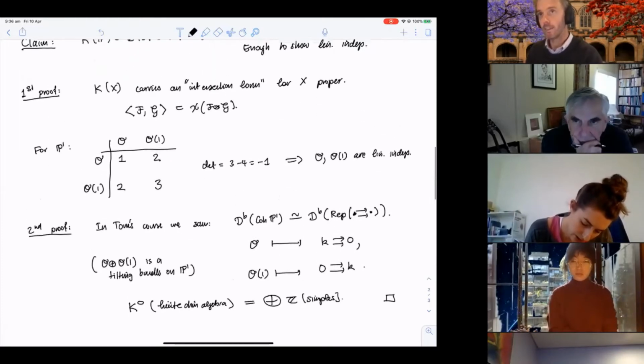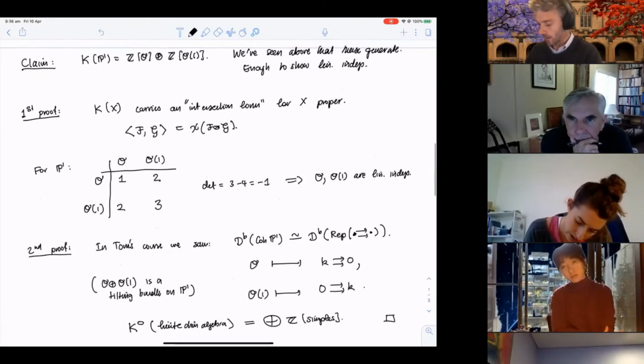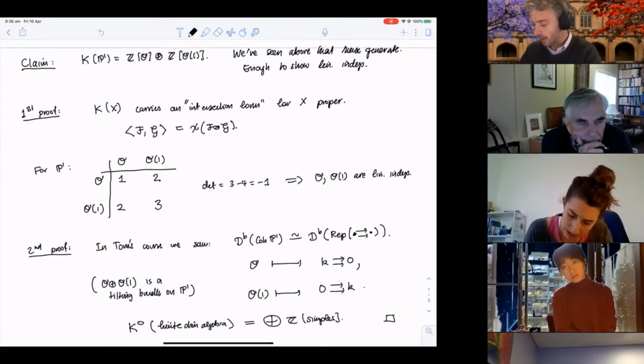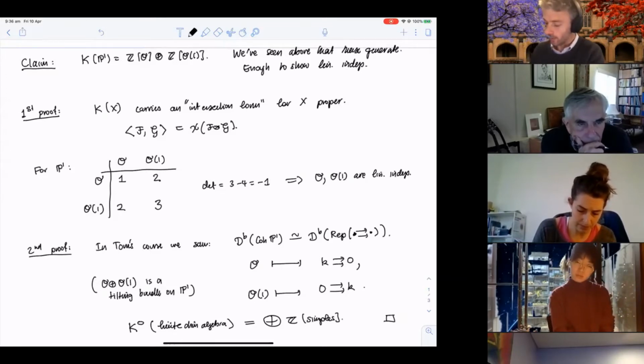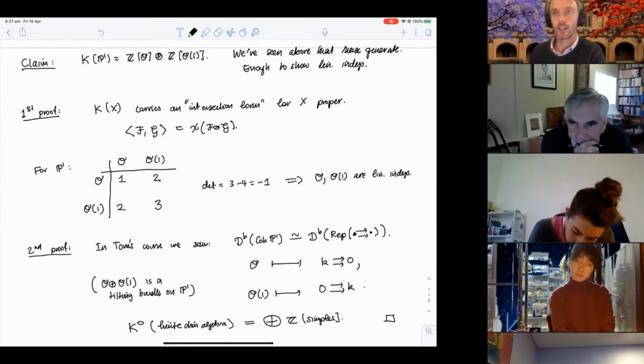Geordie? Yes? In that second proof, where is the hidden role of the intersection form? I would say it's not there at all. Would be my feeling. The intersection form in the first proof comes from the monoidal structure on coherent sheaves, but on the other side of this derived equivalence, this is not a monoidal equivalence.